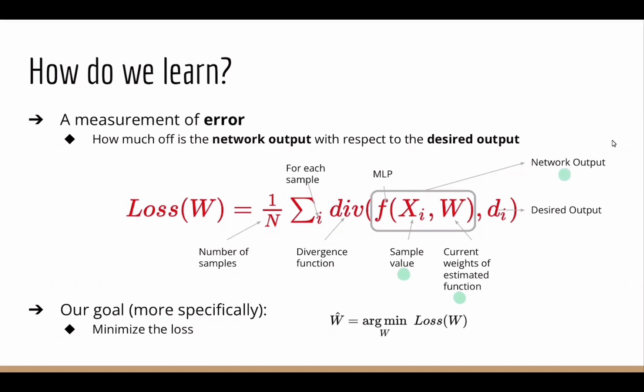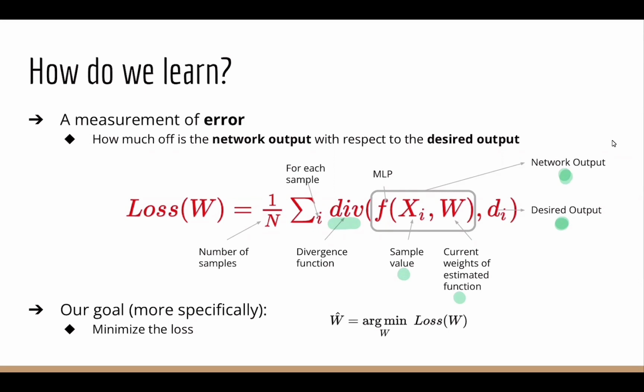So what we want to know is the difference, the gap between the network output and the desired output. So we introduce the divergence function, which basically tells us how far off the two values are. It can be a simple subtraction, mean squared error, or even KL divergence, or anything.